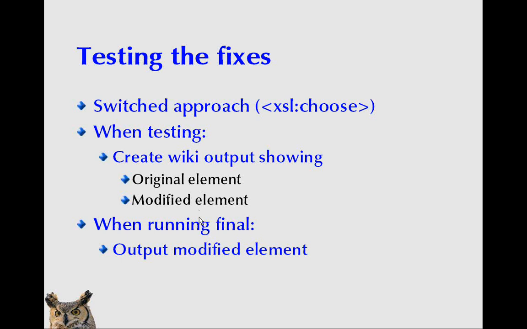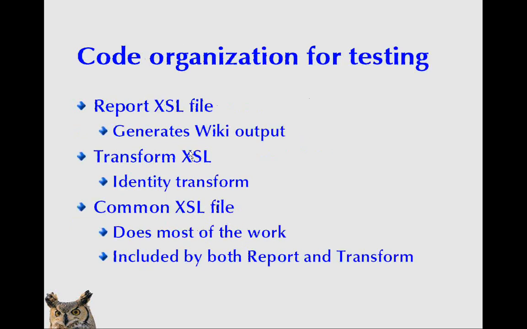Oh, here's a whole bunch of cases where you didn't get it right. And we were able to correct the data that way. So being able to generate output that is usable as an analysis tool is a really useful thing. So how did we structure the code for this? Well, we had essentially two XSL files.